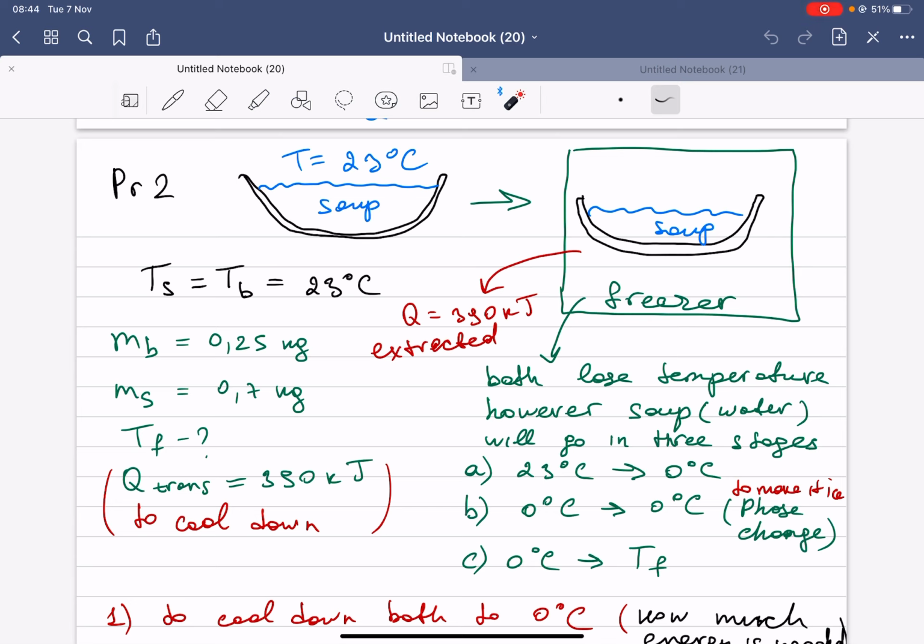And then it says that 390 kilojoules of energy is transferred, or in other words, extracted from this whole thing. You have to find the final temperature of the whole thing when it's in the freezer.